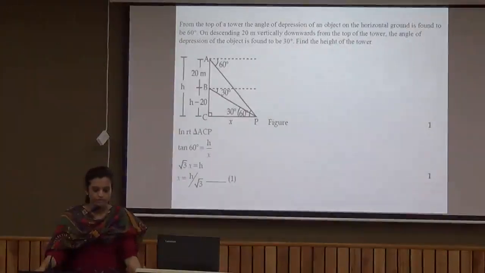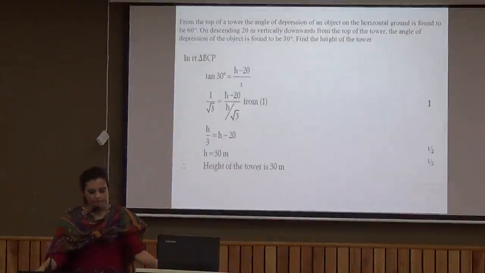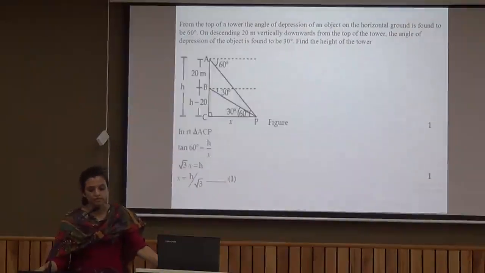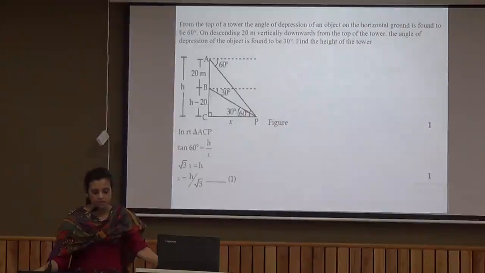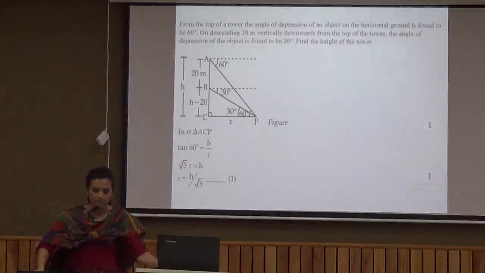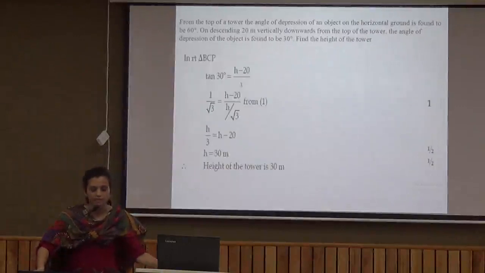So in right angle triangle ACP, you've got 60, tan 60 is going to be H upon X, and in the same way in triangle BCP, tan 30 is going to be H minus 20 upon X, right? Now here, putting in the value of X on both sides, you get H as 30, and so the height of the tower is going to be 30 meter.